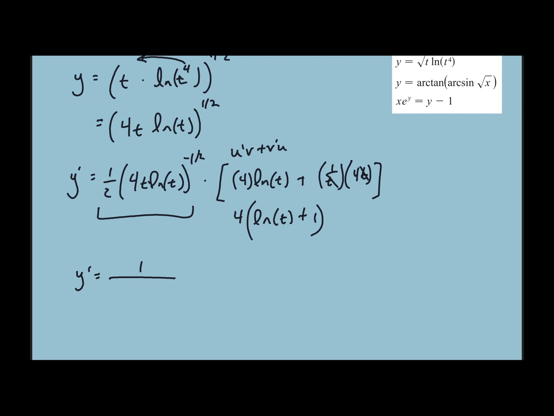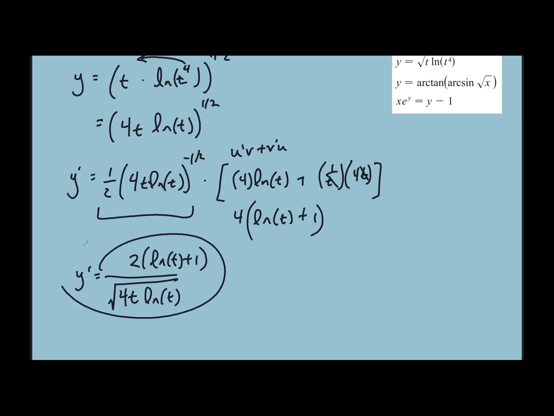And we'll just make it a 2 on top. 2 over the square root of 4t ln of t, 2 ln of t plus 1. And that'll be the answer there.